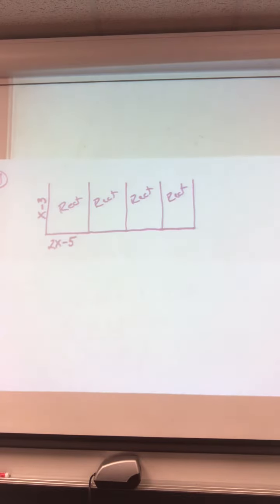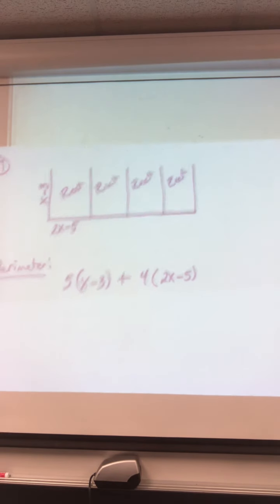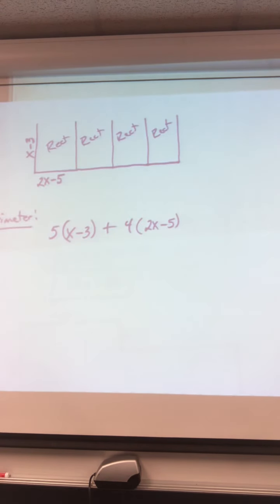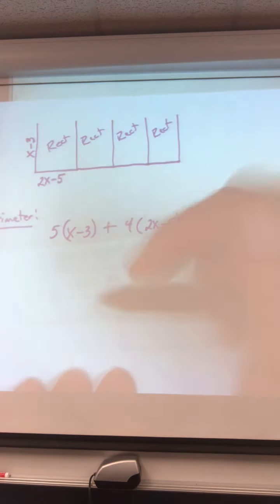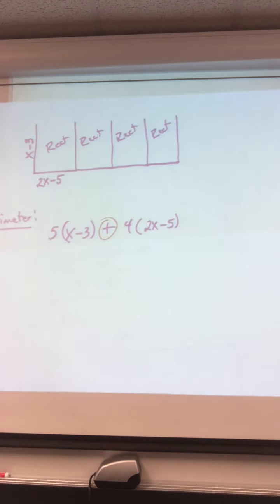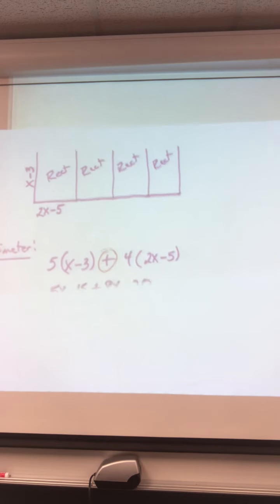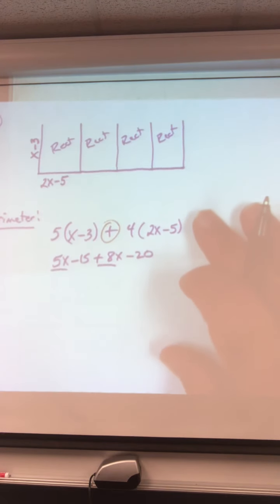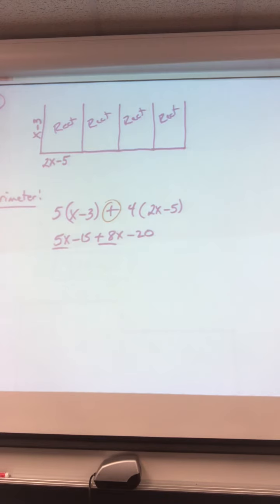So let's show that. So it's 5 times the x minus 3 plus 4 times the 2x plus 5. That way you don't have to add 9 things together individually. If you distribute the 5 and distribute the 4, you get this. Now add your x's together and add your numbers together.